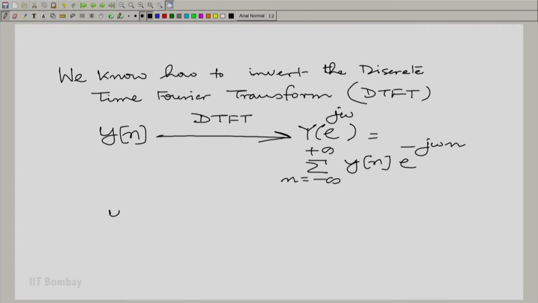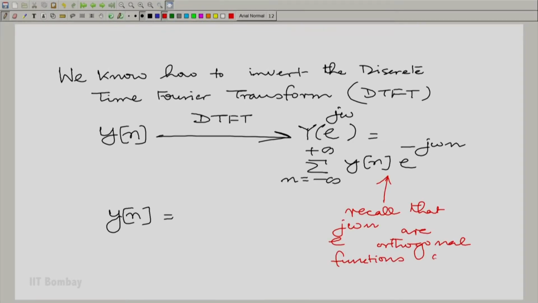then we can obtain any particular y of n. You see, these are all orthogonal functions with respect to the variable omega. So, let us make a remark there, just to recapitulate. We recall that for different integers n, e raised to the power j omega n are orthogonal functions over any contiguous interval of 2 pi, and in particular the interval from minus pi to plus pi.